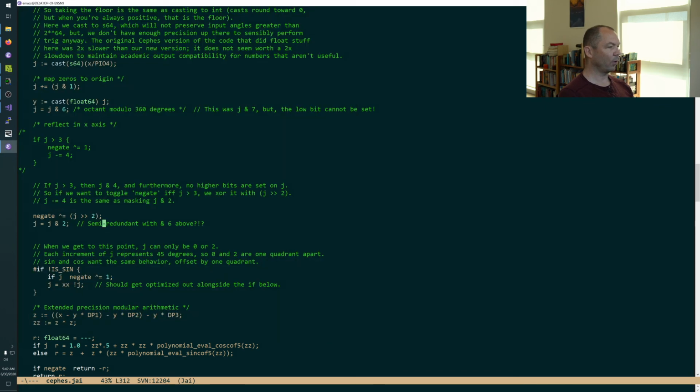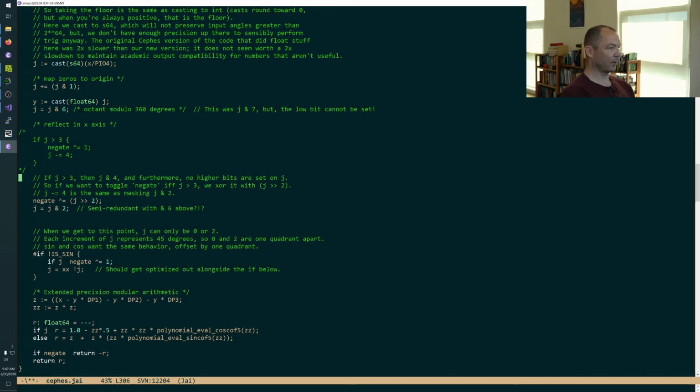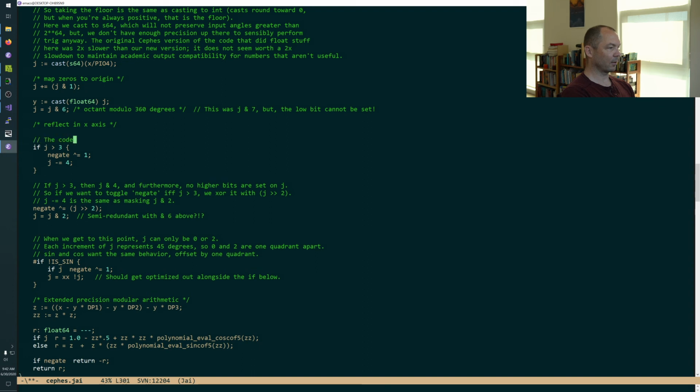So we got rid of an if statement. Some of this is just making the code more clear. This is making the code more cryptic. So I'd better explain it.